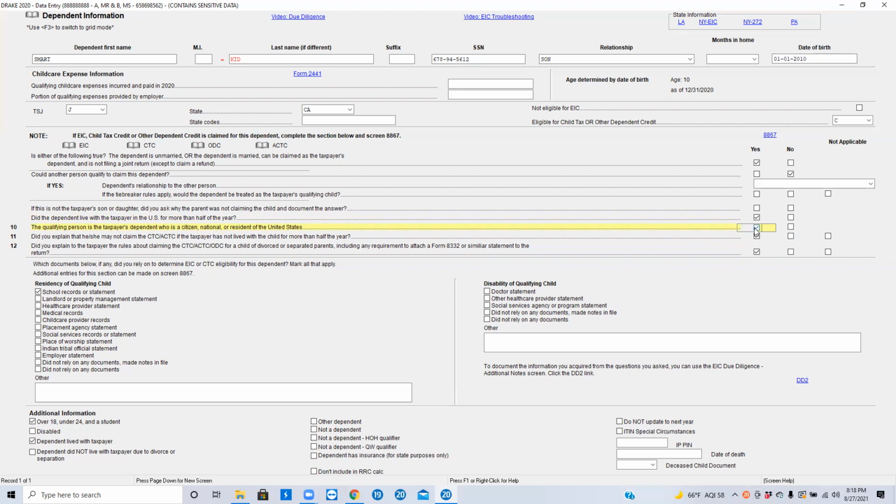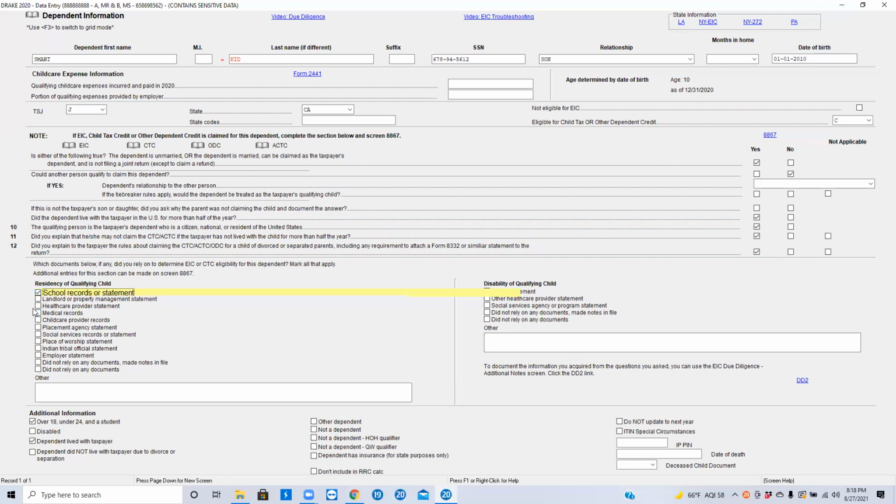For example, if somebody is a US citizen or a green card holder, they are qualified as a resident of the United States also. Now here it asks, does the CPA ask this question? Yes. And also, do I explain? Yes. Normally if the kid goes to school, you use the school lead card.